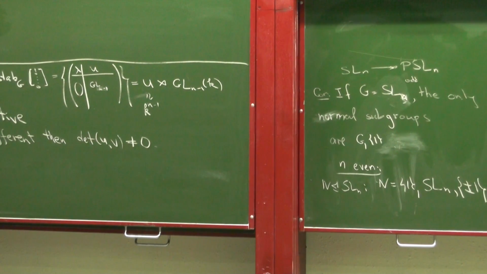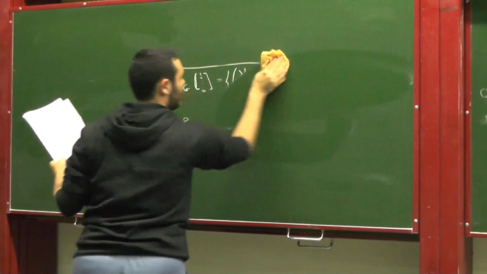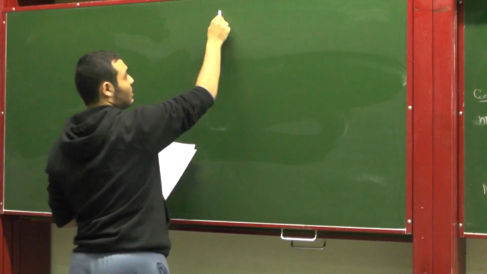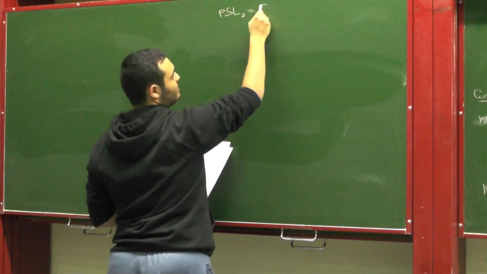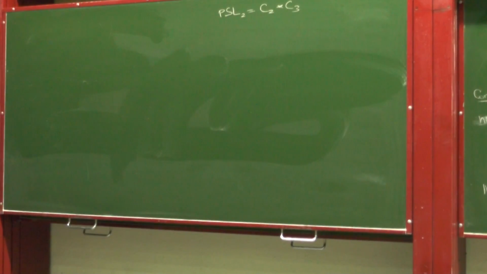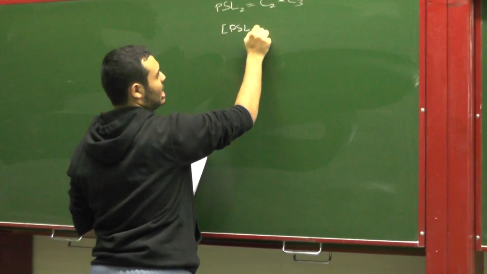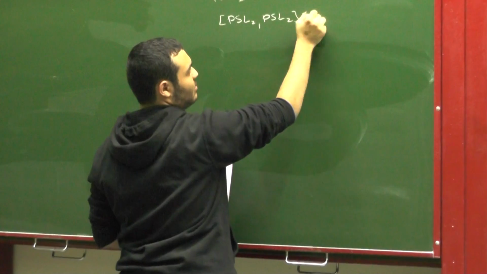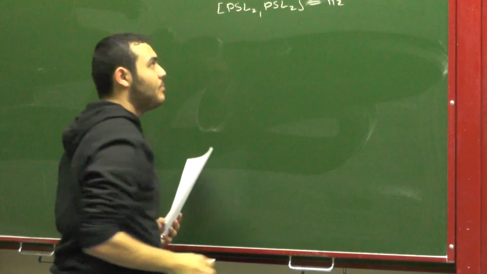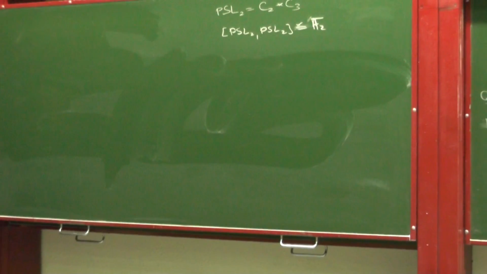We saw today in class that PSL2 is the free product of C2 and C3, and there was an exercise to show that if you take the commutator, then it's a copy of the free group on two elements. Okay? This was shown by ping pong.